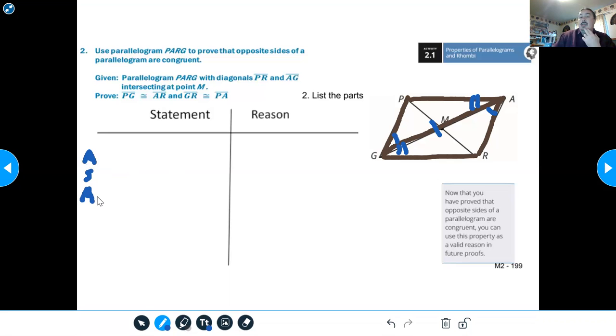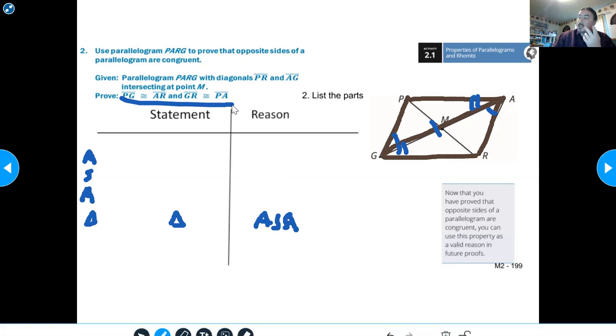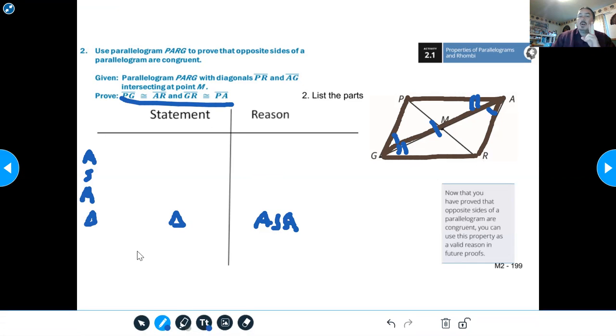Make sure you write down the other angle. Once you've shown your angle, your side, your angle, then you can go ahead and say, hey, these two triangles are congruent. And then, once your triangles are congruent, you can start talking about these pieces. But list your parts. That's step 2.